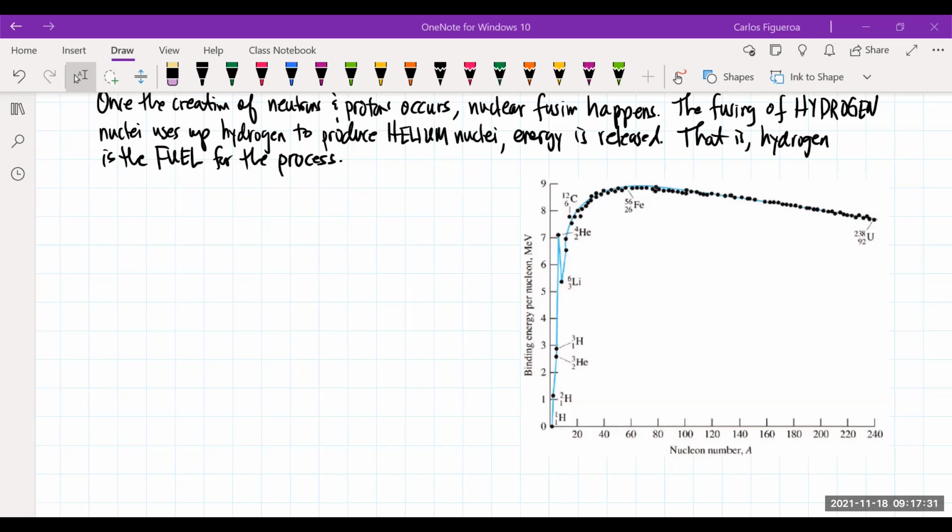I'm going to draw energy bar diagrams to show you what I mean. In this process, the way we talked about it before, you have hydrogen 1 plus deuterium, and now you can form helium 3. So what does this mean?